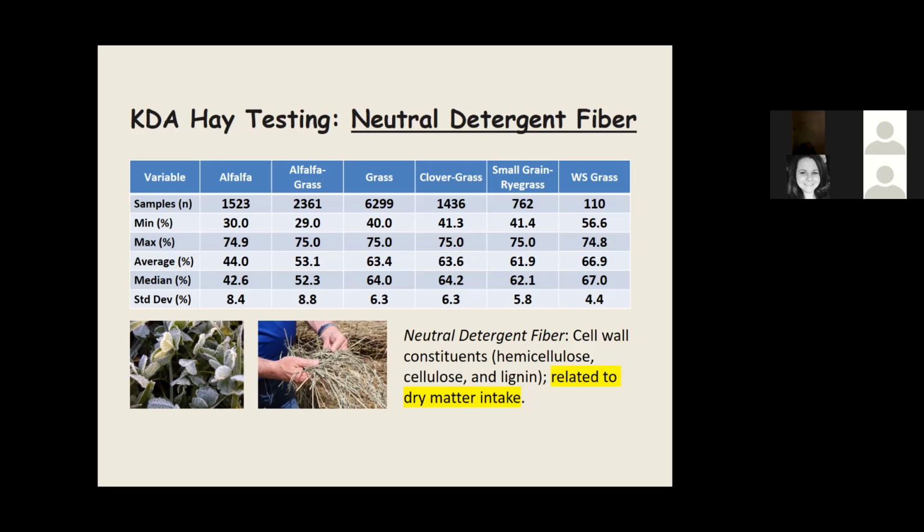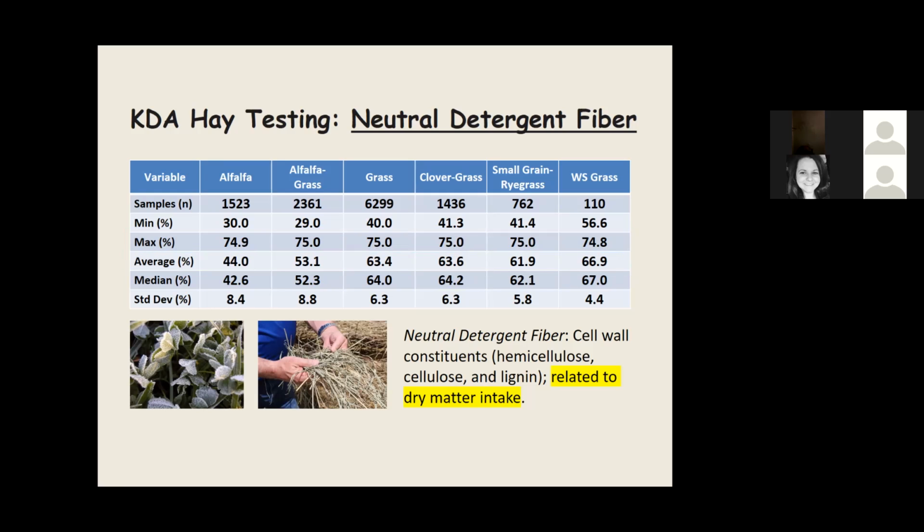When we look at the max, these are hays that the animals basically are going to fill up on, and they're not going to get near the nutrients because they can't eat enough. High numbers, 74, 75 on NDF. That's a very high fiber hay that's not going to have the ability to provide enough nutrition to the animal. So we want that lower number on our neutral detergent fiber.